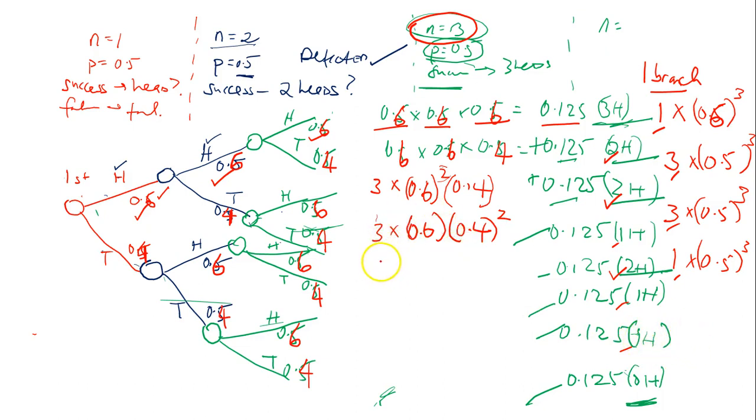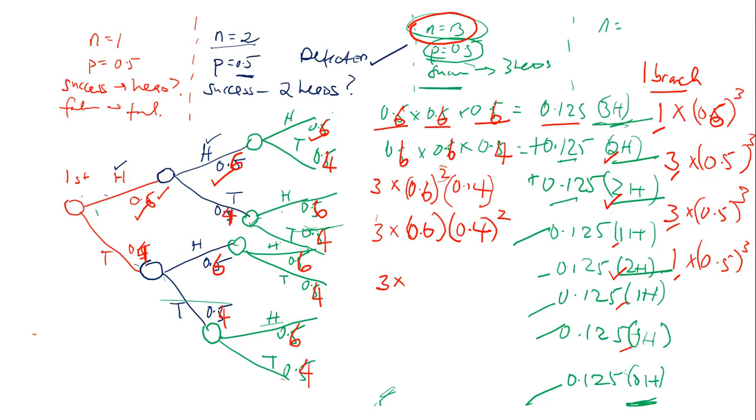And so in this scenario, I would have 3 times 0.4 to the power 3. Well, I don't have any 0.6s, so that's 0. You could recognize it that way, because that's what we have here.